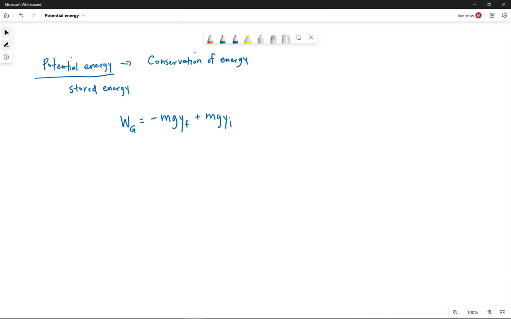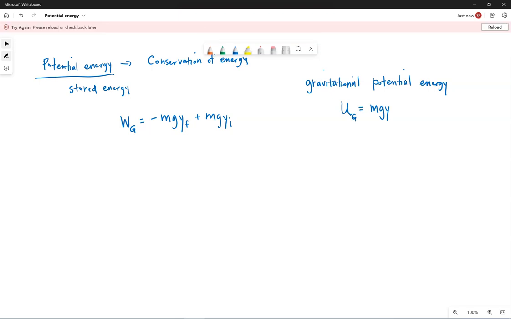Because of that, we define gravitational potential energy as mgy. We use a capital U to represent gravitational potential energy, with subscript G to represent specifically gravitational potential energy.